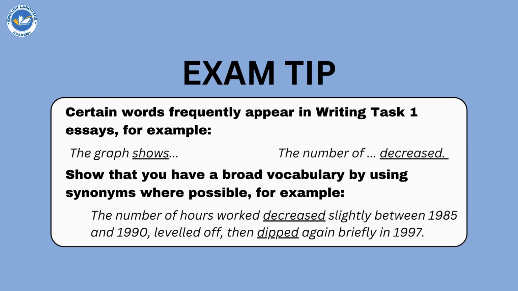For example, the number of hours worked decreased slightly between 1985 and 1990, leveled off, then dipped again briefly in 1997. So we can see here that decreased and dipped are both synonyms, and this exam tip is encouraging you to use different words to show the examiner that you have a broad vocabulary. So where you can, try and use synonyms.